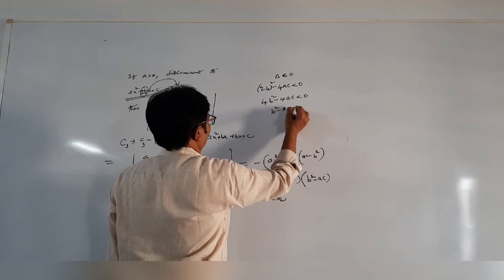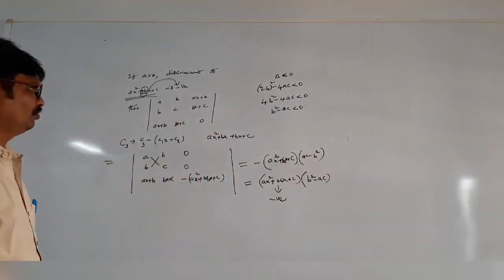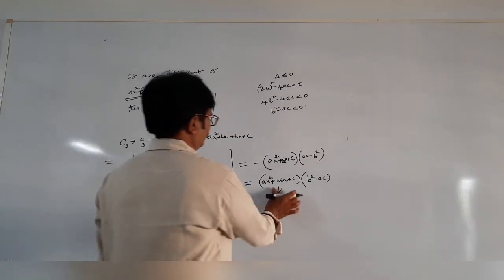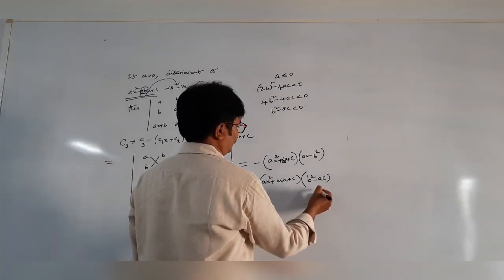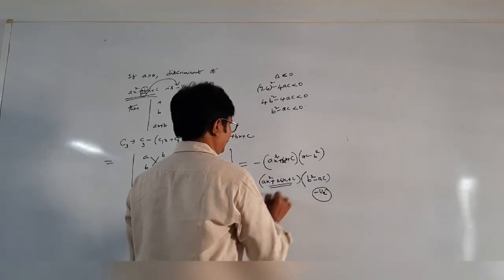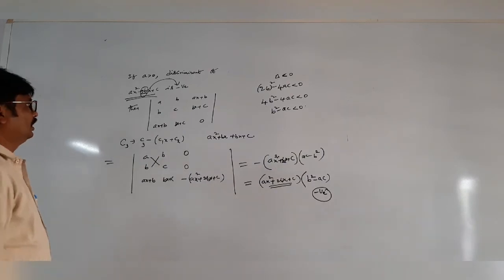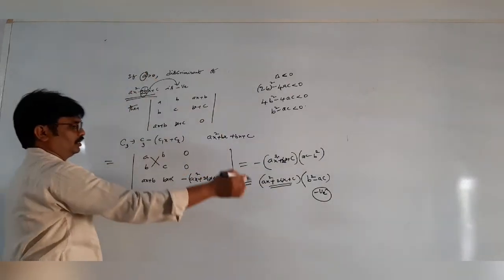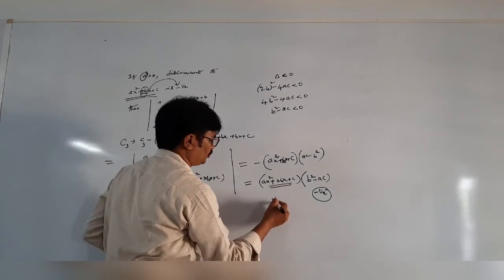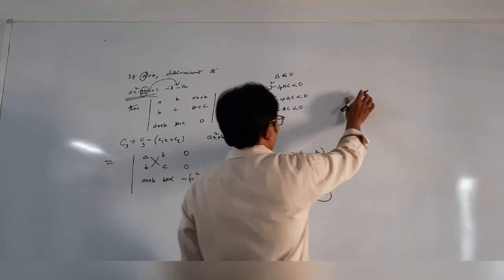So students, b square minus ac is less than 0. But dear students, when the discriminant is less than 0 and a is greater than 0, this expression is always positive.